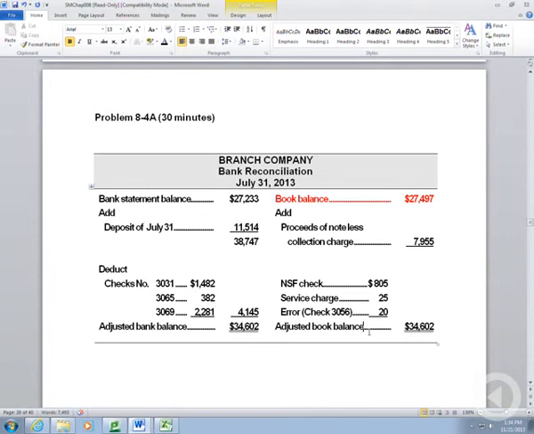I'll give you another hint. If you are stuck, put everything that you are 100% sure about. And if anything that you're not sure about, you're not sure which side, what's going on, it could be a plug-in figure. Do you guys see this? So first, deal with everything that you know. Do the deposit. What are the easy stuff? Deposit in transit, outstanding checks, bank service charge, right? Those are easy things to deal with.